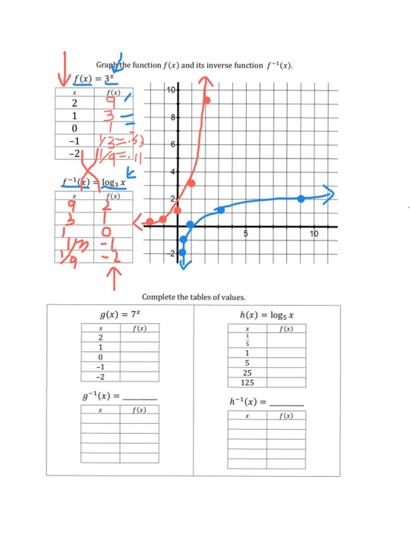Another way you can show that these are inverses of each other is that if you draw the line y equals x, the blue graph and the red graph are symmetric about this line y equals x.